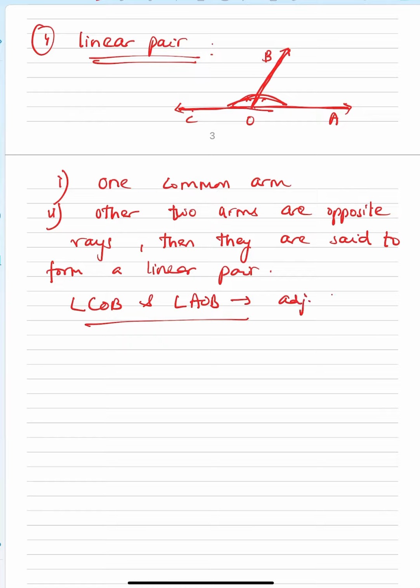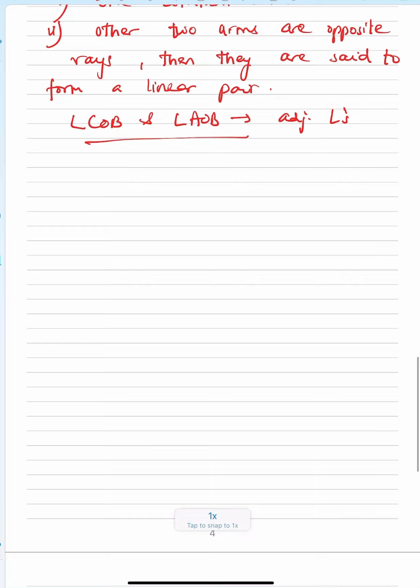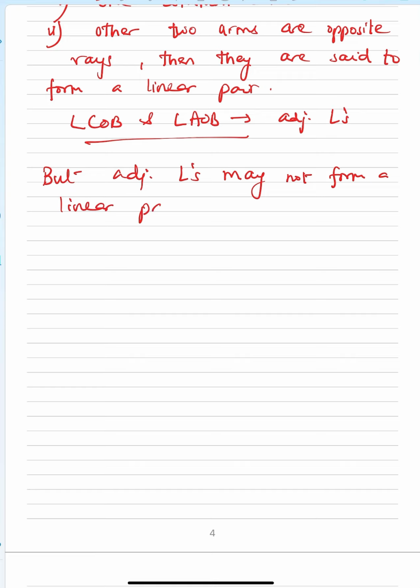And they are adjacent angles, but adjacent angles may not form a linear pair. This you need to remember. So the linear pair has adjacent angles, but adjacent angles will not always form a linear pair.